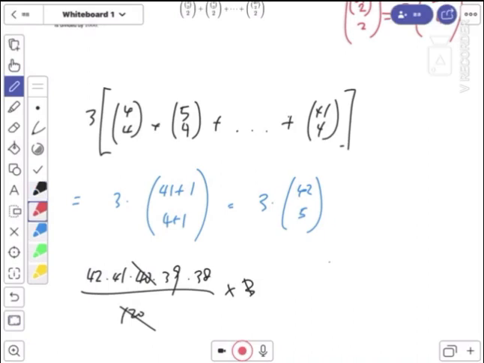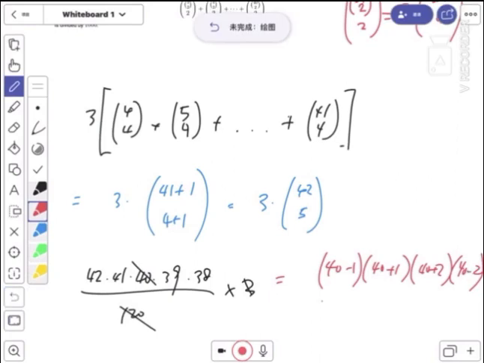But we can actually rewrite this a little bit. Well, after we write it in this form, then we're going to get 40 squared minus 1 times 40 squared minus 4, mod 1000.